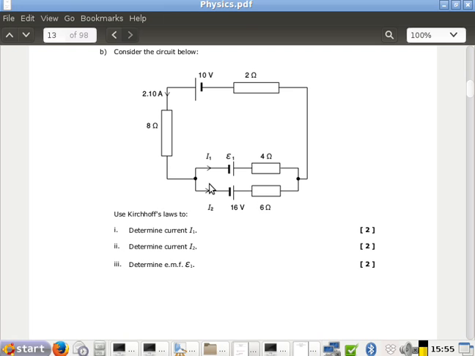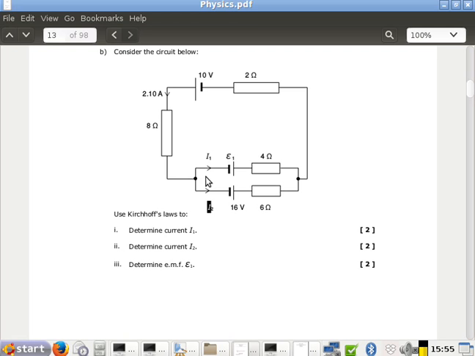There are two junctions. Which junction will we use? We use this junction. So what's going into this junction? 2.1. Can you see it there? Yeah. And what's coming out of the junction? I1, I2. So what's our equation? I1 plus I2. Well, we do it first: 2.1 minus I1 minus I2 equals 0.